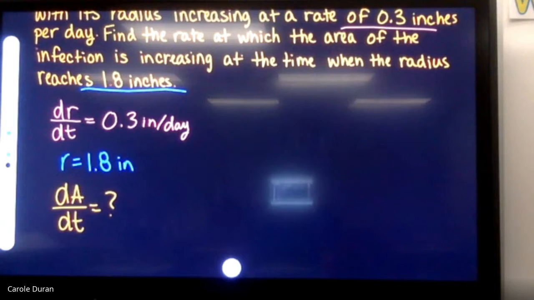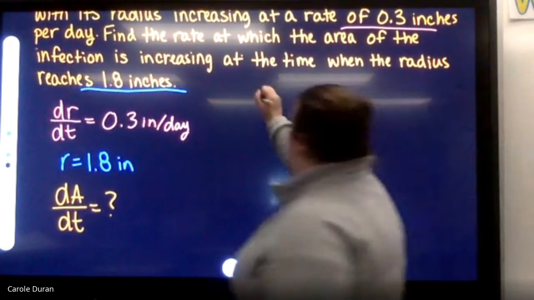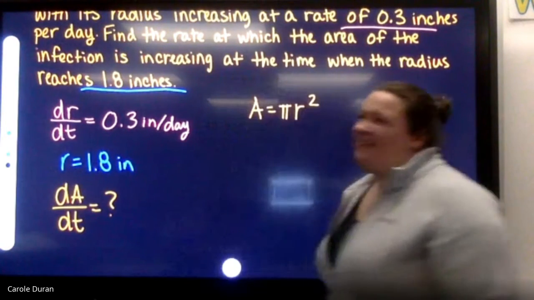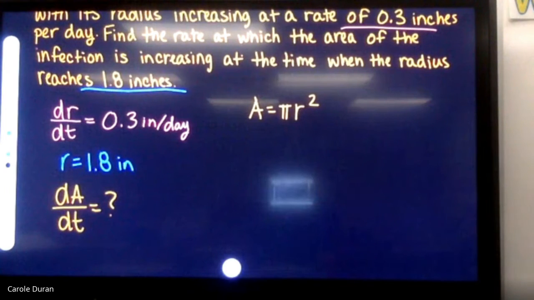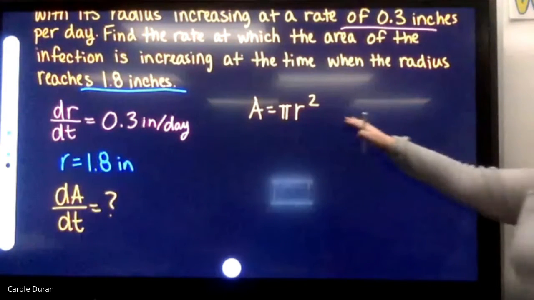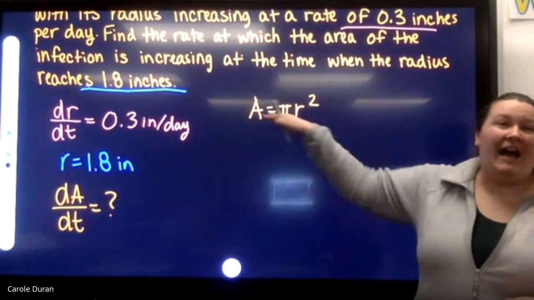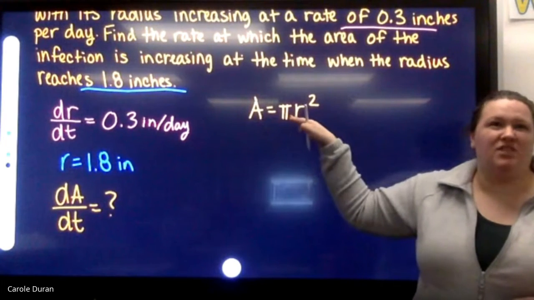If I'm trying to find the rate of change for the area, I first have to have my area equation. So what is the area of a circle? Pi r squared. So my area is equal to pi r squared. Since I'm trying to find the rate of change for my area, once I have my equation down to one variable, I'm going to differentiate this equation.